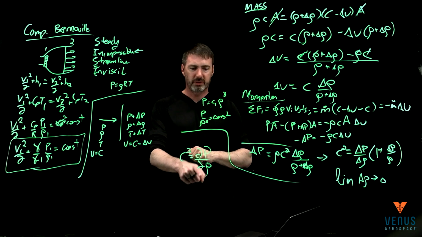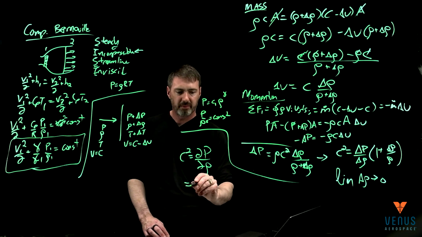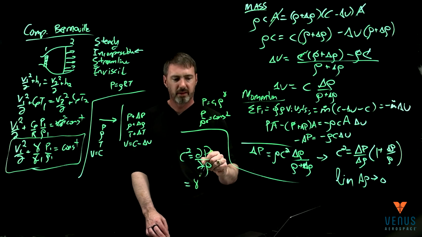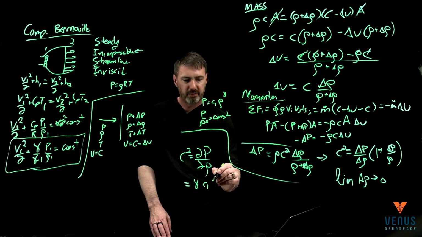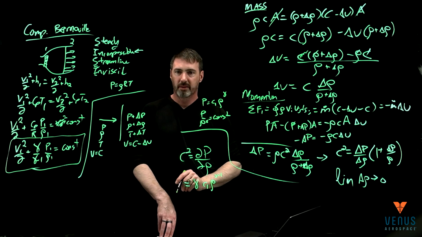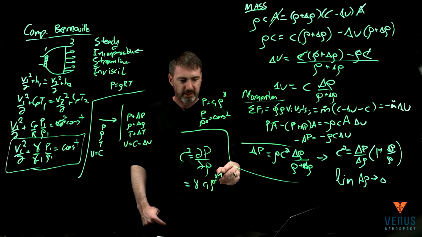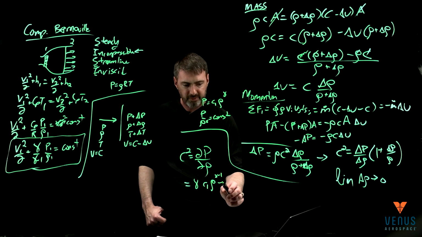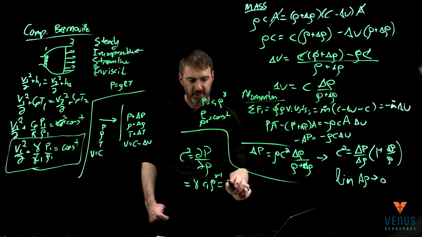And so pressure here, if it's a function of density, the gamma would come down, and then you'd have whatever that constant is, rho to the gamma minus 1, right? But this rho to the gamma minus 1, even getting rid of the C2, can be written as gamma P over rho.